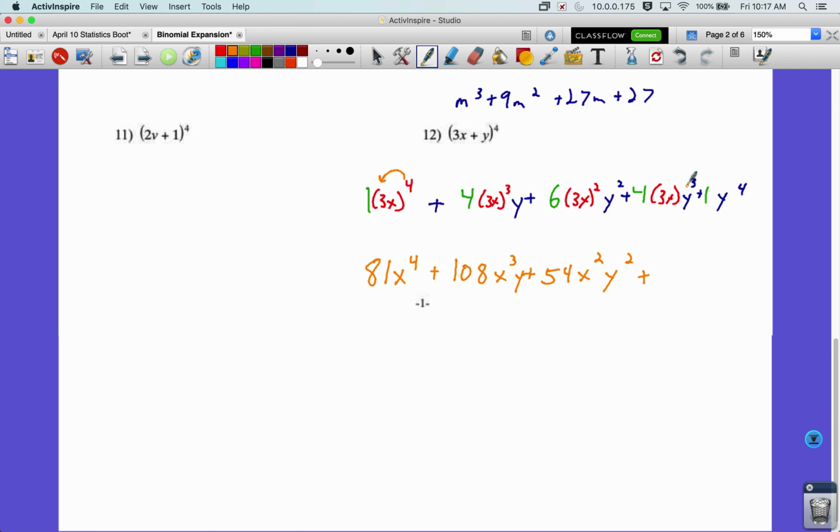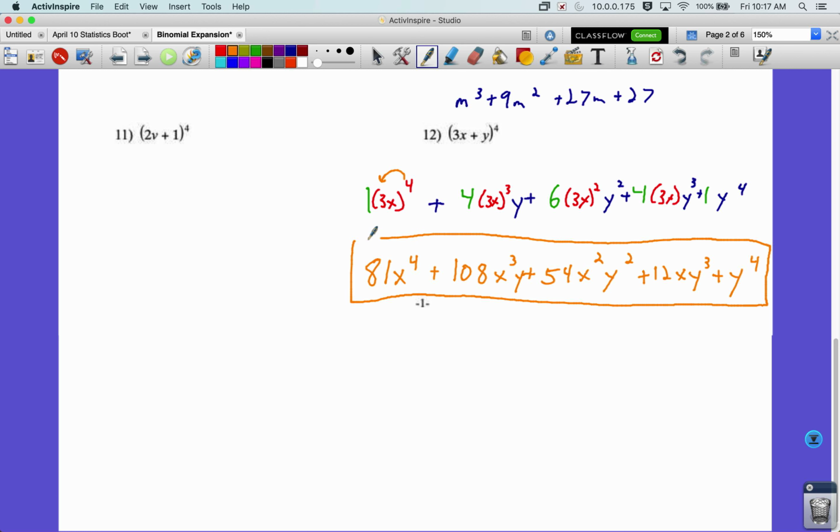Plus nothing to distribute there, so this just becomes a 12 x y cubed plus y to the fourth. And there we go. 81 x to the fourth plus 108 x to the third y plus 54 x squared y squared plus 12 x y cubed plus y to the fourth.